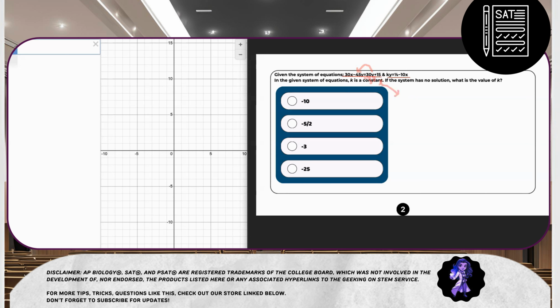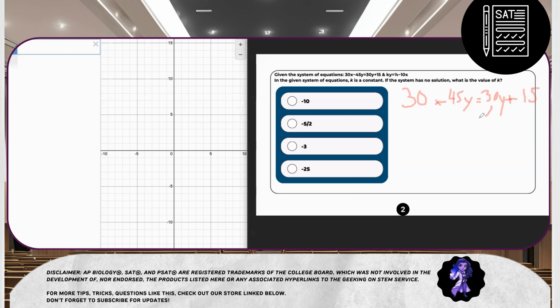If I do that and clear that out for a second, I'm going to have 30x minus 45y equals 30y plus 15.